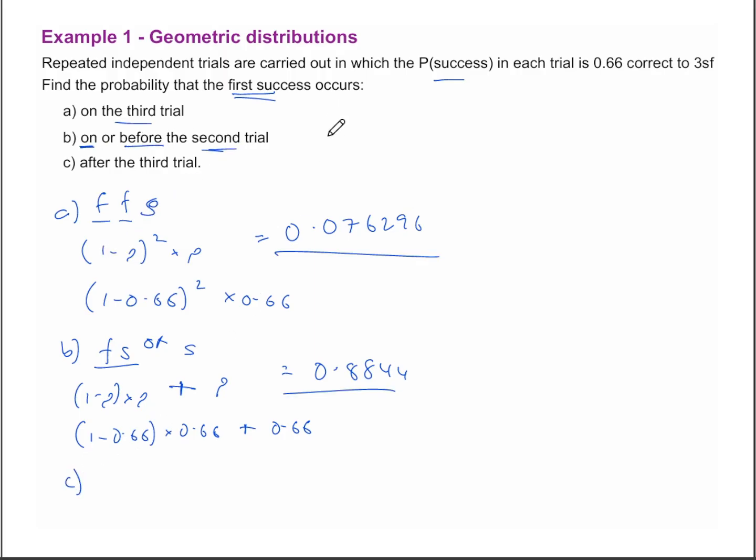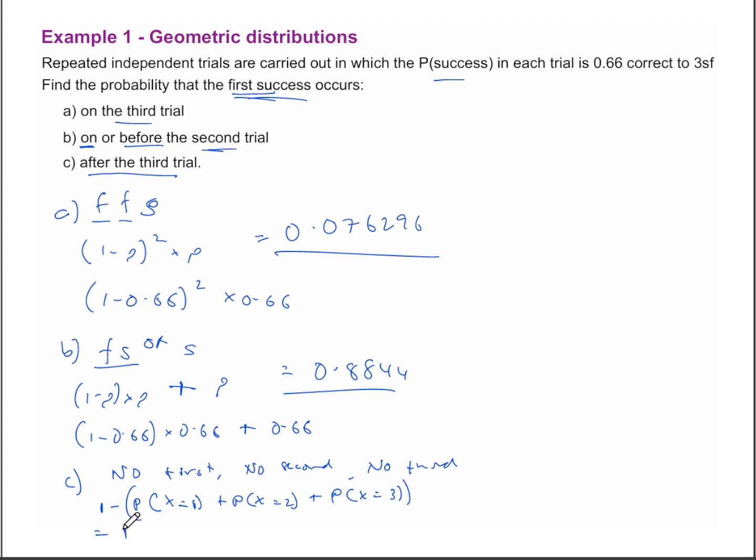For part C, we want the first success to happen after the third trial, which means we don't want it to be in the first trial, we don't want it to be in the second trial, and we don't want it to be in the third trial, which is just 1 minus the probability of the first success happening on the first trial plus the probability of the success happening in the second trial, the first success, plus the probability of the first success happening in the third trial.